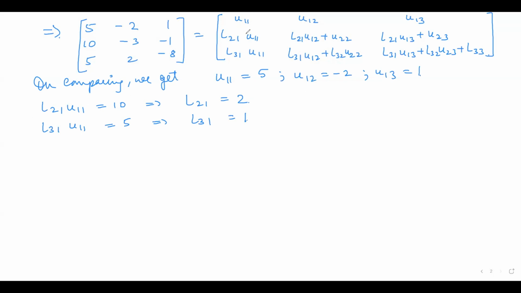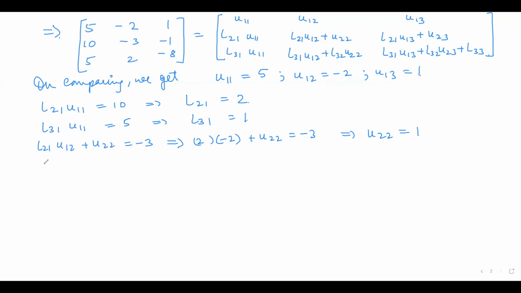So all these values I have compared. Now I am coming to the next entry, which is equivalent to minus 3. L21 U12 plus U22 is equal to minus 3. I know L21 is 2 and U12 is minus 2, so this becomes minus 4. Minus 4 goes to the other side and becomes plus 4, so U22 is 4 minus 3, that is 1.